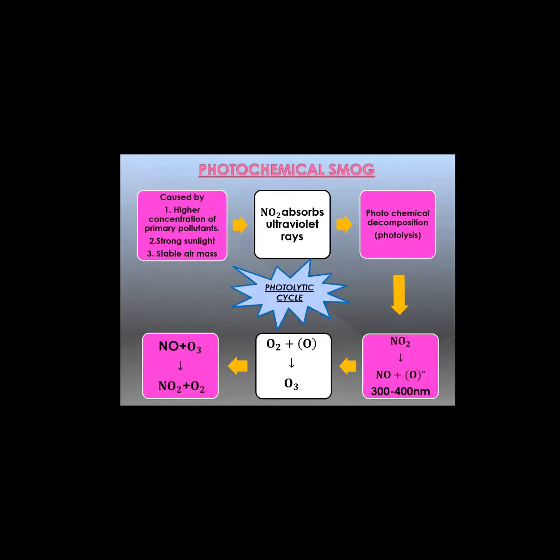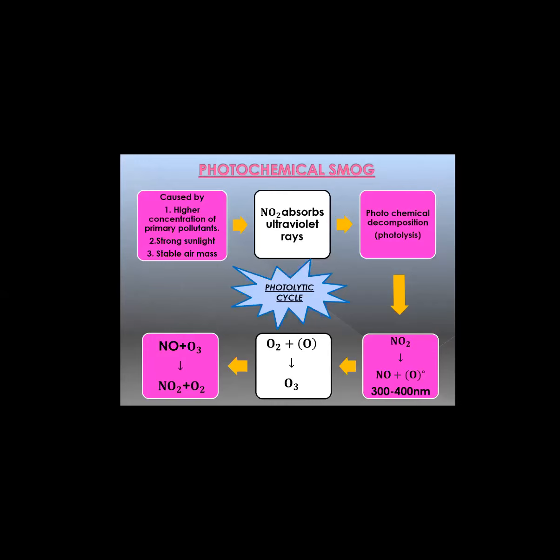So here, photochemical smog in a higher concentration requires a primary pollutant, strong sunlight, and a stable air mass. These are the contributors for photochemical smog.